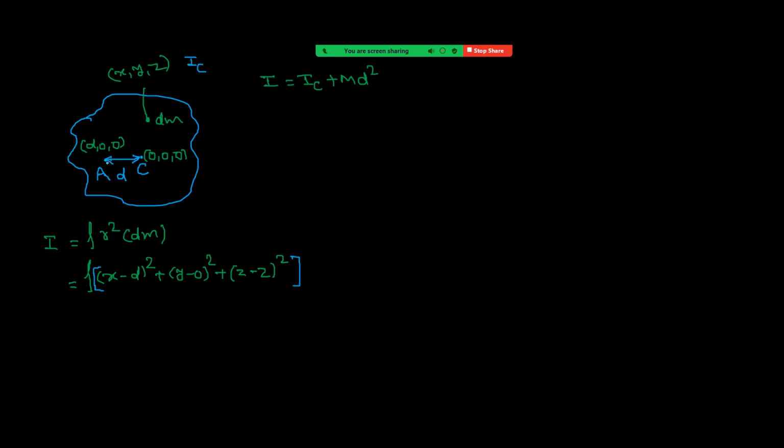So both are not same. Okay. So here from this axis, means axis is now passing through this point. We are having many points on the axis, right? From that axis now distance how much? X minus d whole square plus y minus 0 whole square plus z minus z whole square. It is not z minus 0. If they ask distance from this point, then z minus 0. But we are finding distance from the axis. Okay. Into dm.